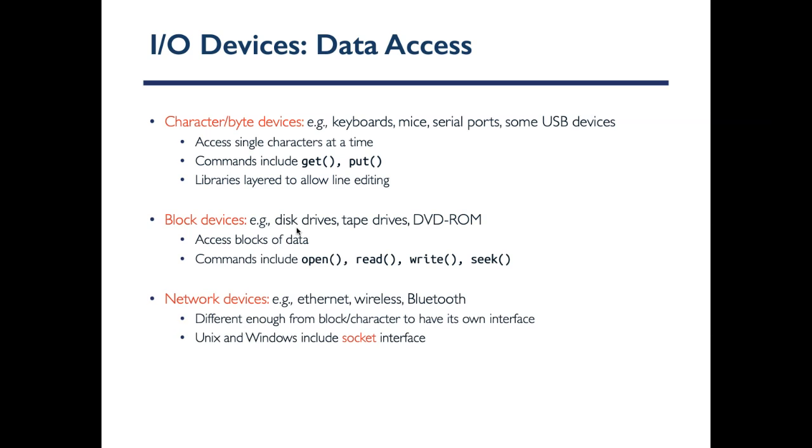Normal commands for these devices are open, read, write, and seek, depending on the type of the device that you have. And then the third category that is different from the two that we mentioned is the networking devices, like your Ethernet, wireless, or Bluetooth. Usually, you have a separate set of system calls to interact with these devices.